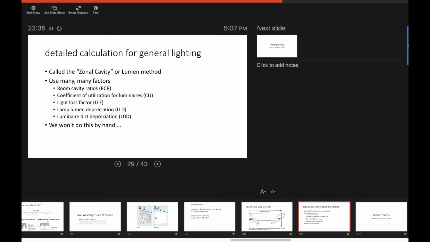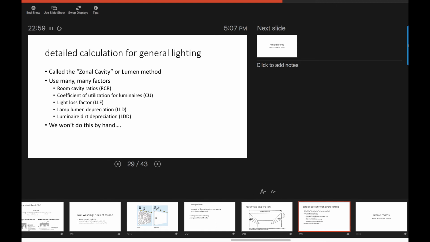What if you want to light an entire room, which we call general lighting? Okay, when you're not trying to light specific objects, but just kind of flood a room with light. The best method for that is what's called the zonal cavity method, which divides the room up into zones, and each of those zones has a kind of room cavity ratio.